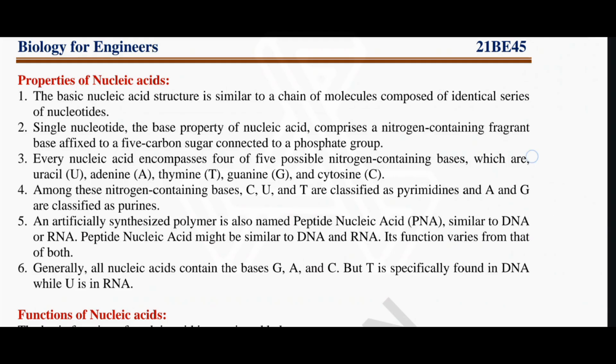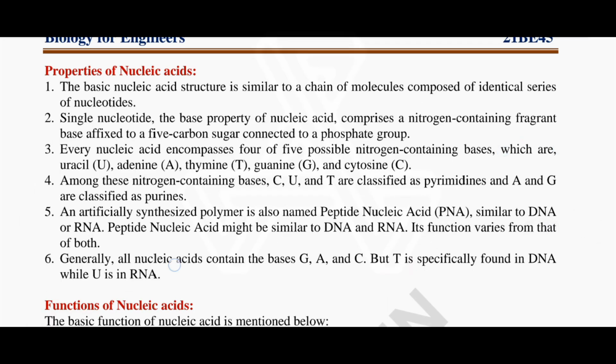Properties of nucleic acid. The basic nucleic acid structure is a chain of molecules composed of a series of nucleotides. A single nucleotide comprises a nitrogen-containing base affixed to a 5-carbon sugar connected to a phosphate group.